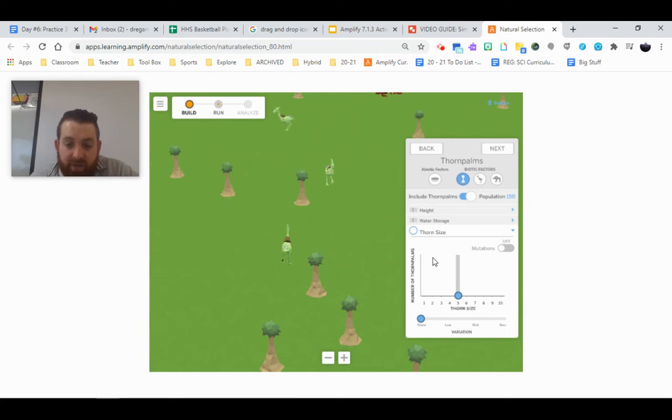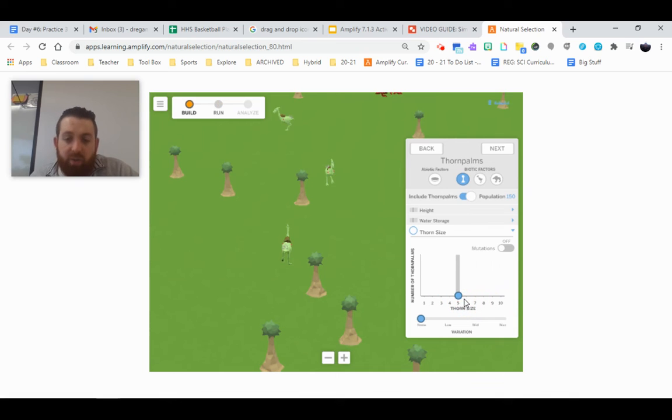Notice we have our histograms here. Thorn size has the number of thorn palms and the size of the thorns on the bottom. Remember, we can move these toggles to change not only the distribution of the different size thorns, but how high or low the variation is among all of the different sizes.